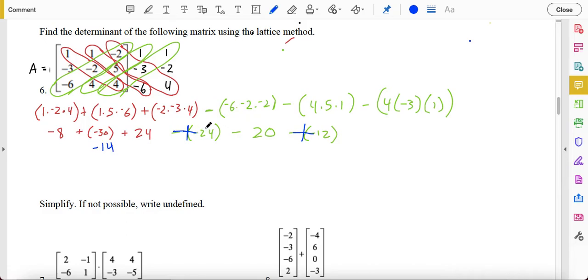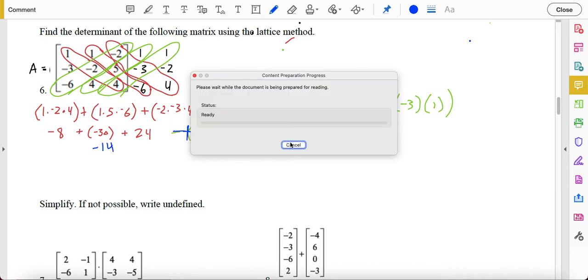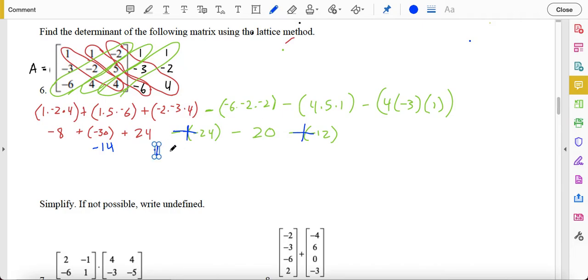These other ones are positive 36 minus 20, which is positive 16. So I got -14 plus 16, which is 2. And that is our final answer for the determinant of that 3 by 3 matrix.